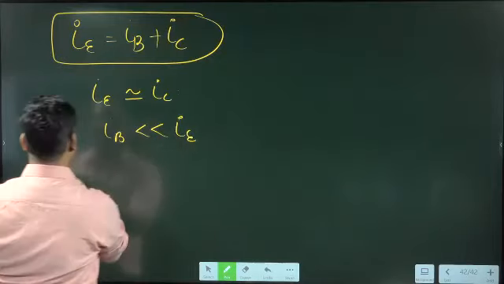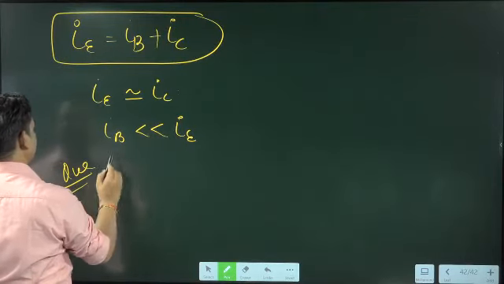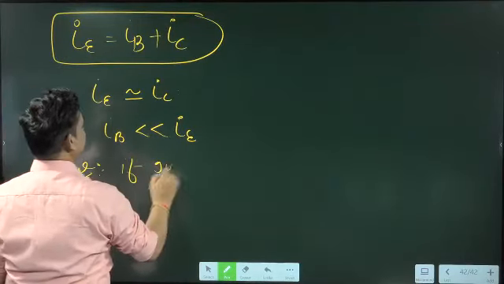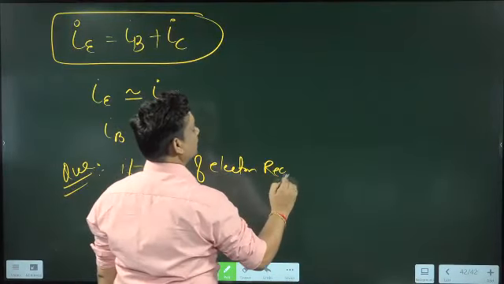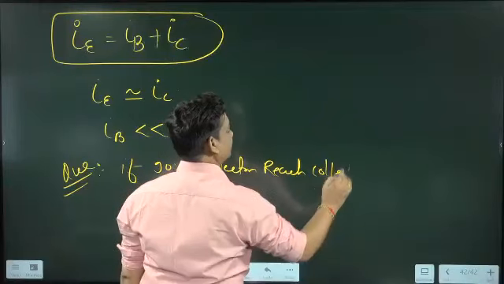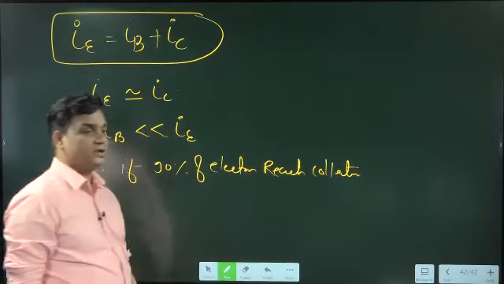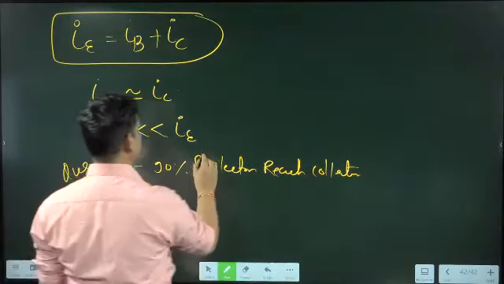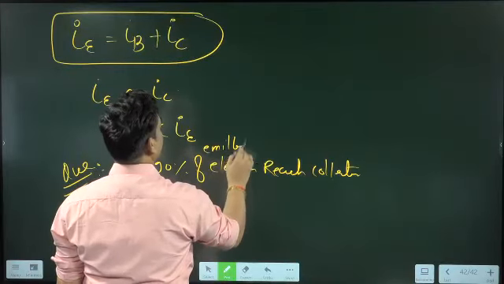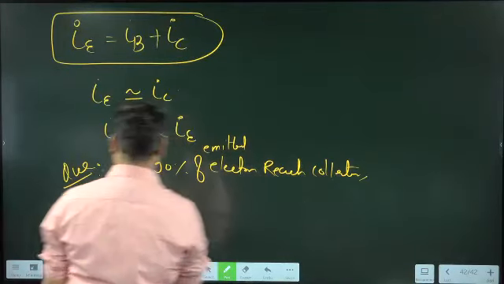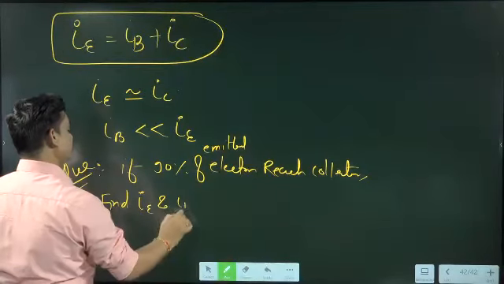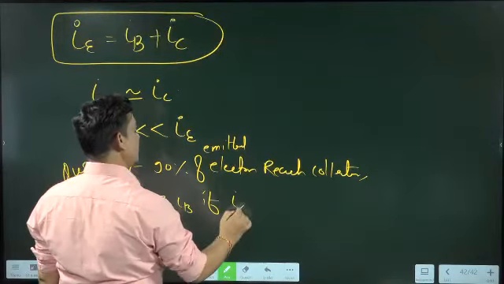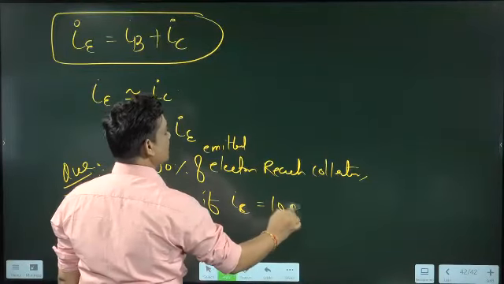Now the question will be like this: if 90% of emitted electrons reach the collector, find IE and IB, if IC equals 10 milliampere.